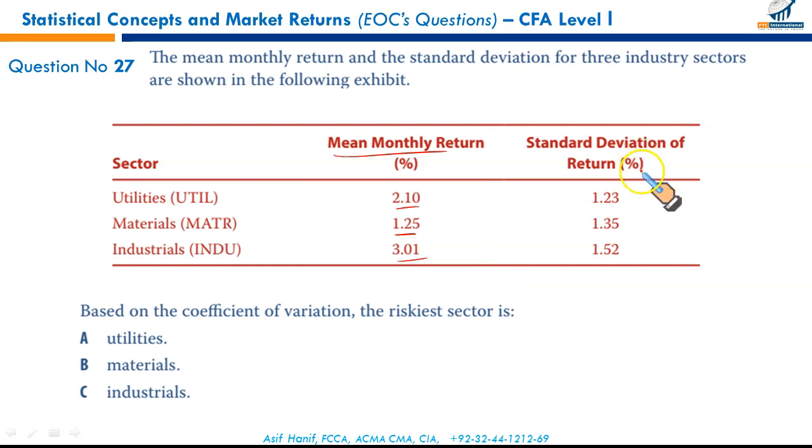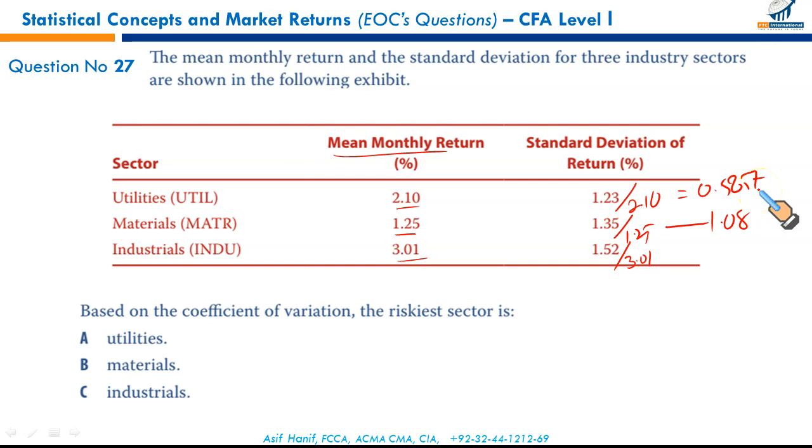You will divide your standard deviation by the return. 1.23 divided by 2.10, 1.35 divided by 1.25, and 1.52 divided by 3.01. In the first case, 1.23 divided by 2.1 is 0.5857. In the second case, 1.35 divided by 1.25 gives you 1.08.